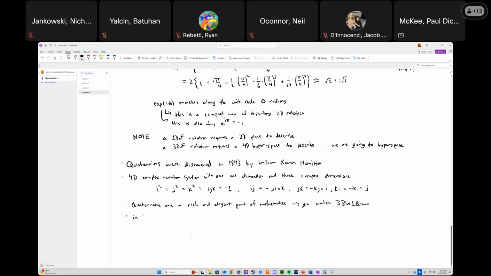So in 2D complex rotation, or sorry, in 2D complex numbers, misread my notes. A point on the unit circle describes a rotation.